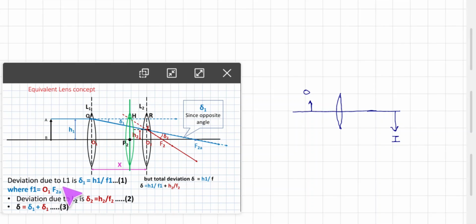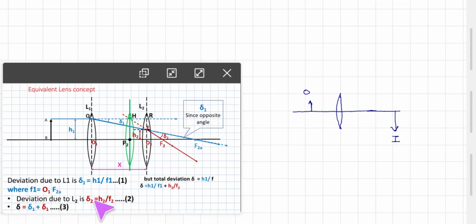So the deviation due to L1 is delta 1. We already saw the formula for deviation, that is H upon F. So for delta 1, the height is H1 and the focal length of this lens is F1. So that is equation 1.